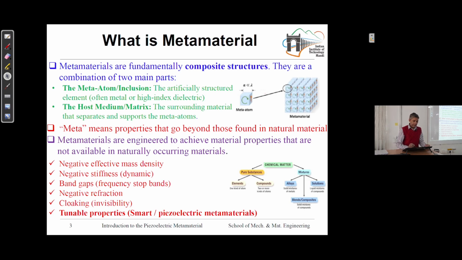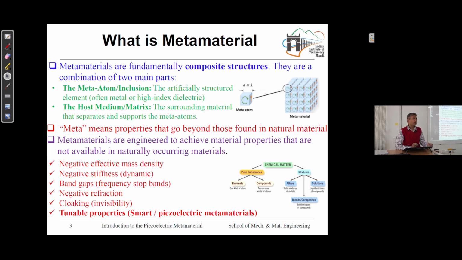Now, in this course, that is something about the piezoelectric. With the help of piezoelectric materials, we can have tunable properties. So we have the options. We can make piezoelectric metamaterial, or some other type of metamaterial, for example aluminum metamaterial, copper metamaterial, and so on.